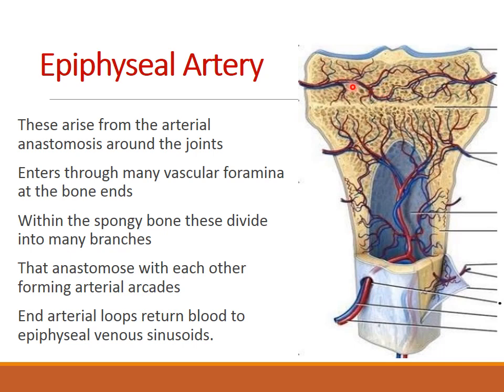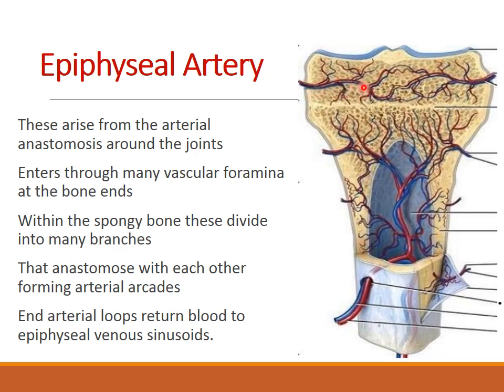Towards that spongy bone, it gives numerous branches, and these branches anastomose together, making arc-like arterial arcades. Then these blood vessels make end arterial loops which return the blood into the epiphyseal vein.